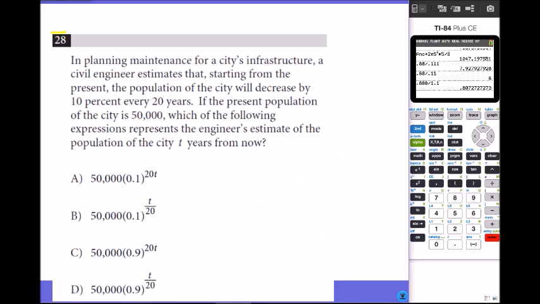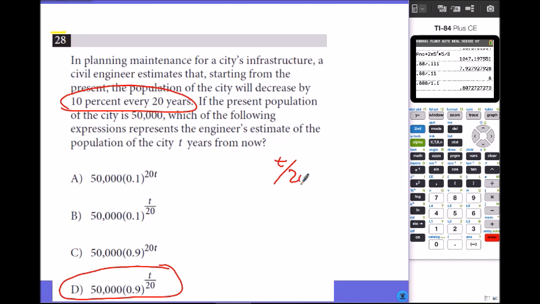28. In planning maintenance for a city's infrastructure, a civil engineer estimated that starting from the present, the population of the city will decrease by 10% every 20 years. Every 20 years, not every year. So in 20 years, it will decrease by 10% one time, right? So whenever you have a question like this, it's t divided by every number of years.